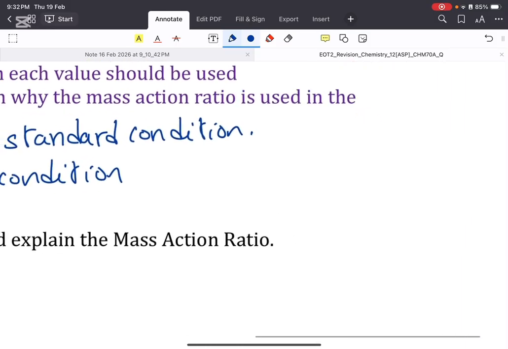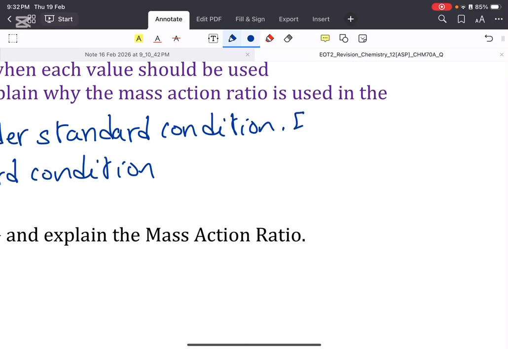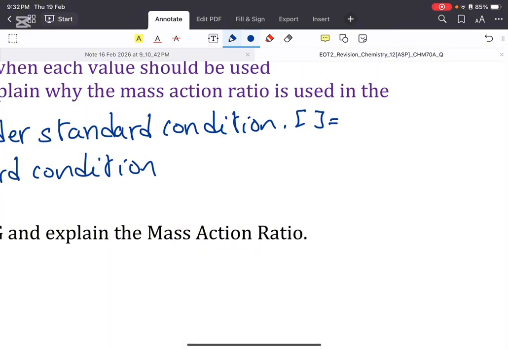So standard conditions: if I have solutions, the concentrations of reactants and products are gonna be 1 molar, if I have aqueous solutions reacting together. Now if I have a reaction of gases, in their standard conditions, their pressure must be equal to 1 atmosphere to be considered in standard conditions.